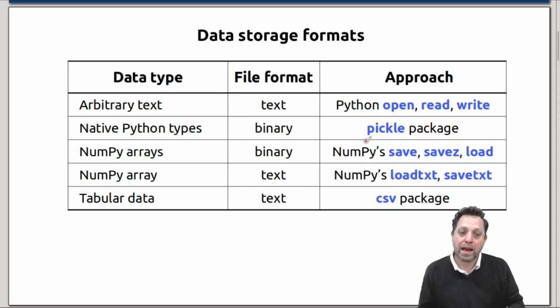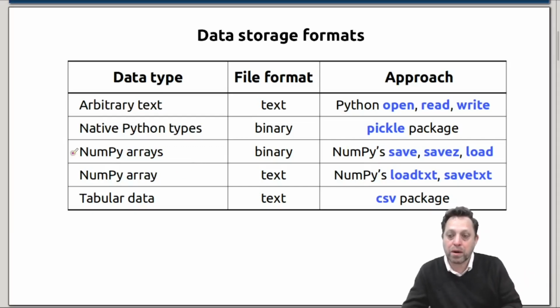Python has a package called Pickle. Pickle is nice because it's part of the standard library, so this package comes out of the box with Python. If you send this file to someone else, they won't have to install some third-party package in order to read your data.